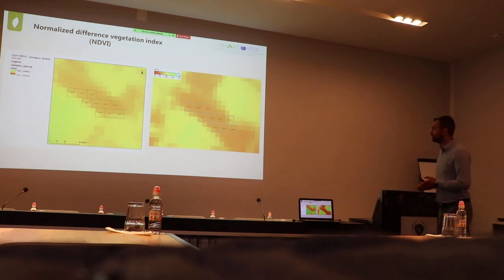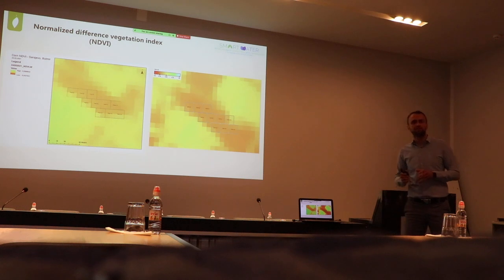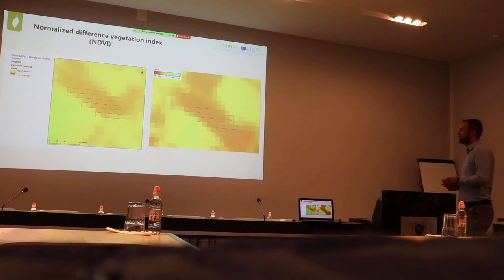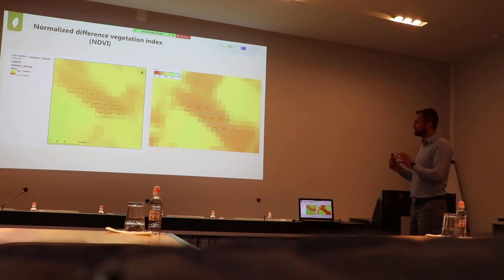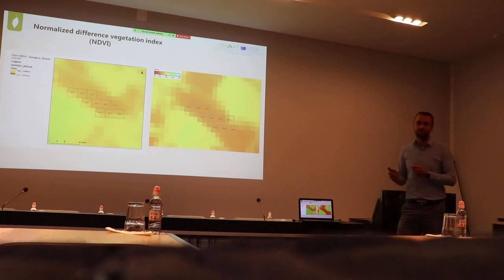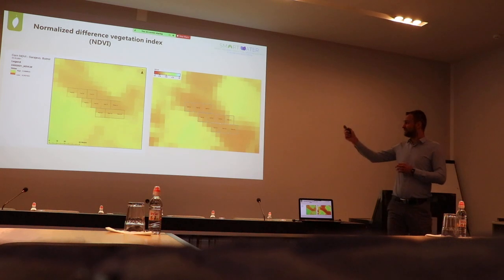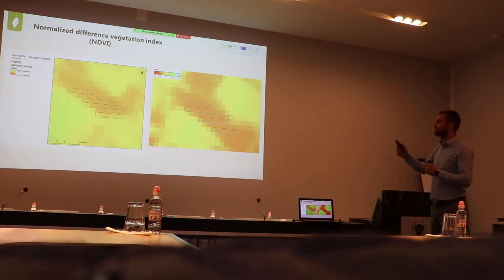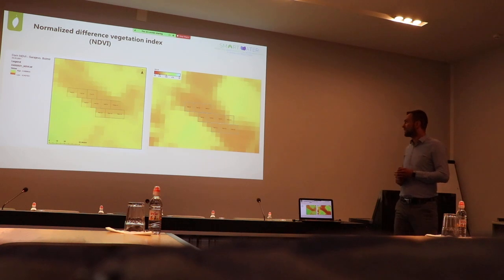Now I'm going to show you a few pictures from the start of vegetation until the end of vegetation, so you can see the differences in NDVI values during the vegetation period. The left images are from 2021, and on the right side are images from 2022.